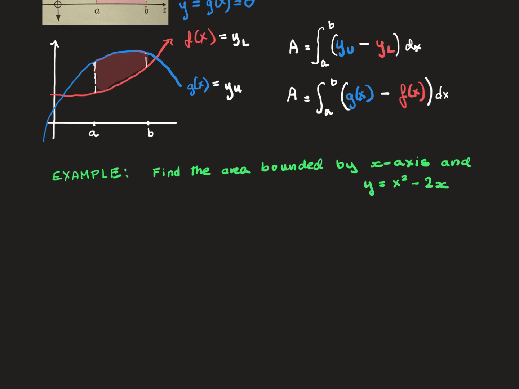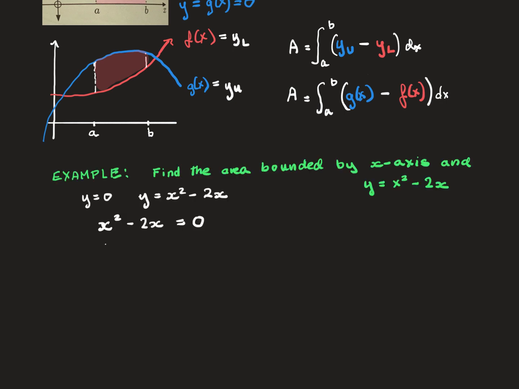Now, the x-axis is given by y = 0, and your curve is given by y = x squared minus 2x. So we need to find out where it cuts the curve. So we will equate the two functions together and find where the x-intercepts are.